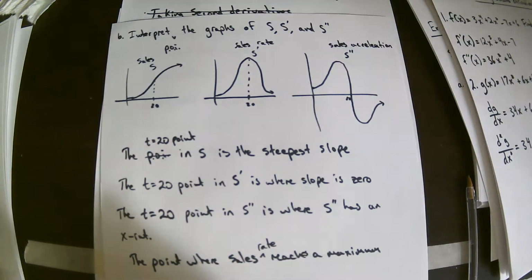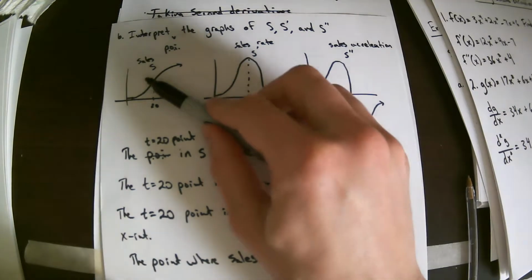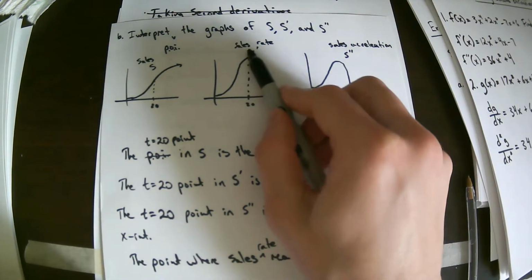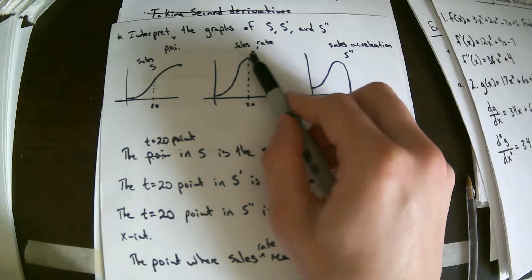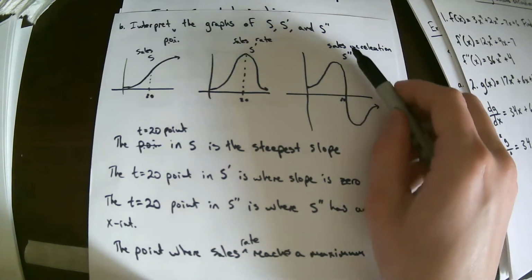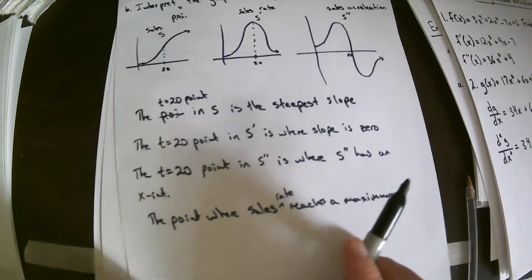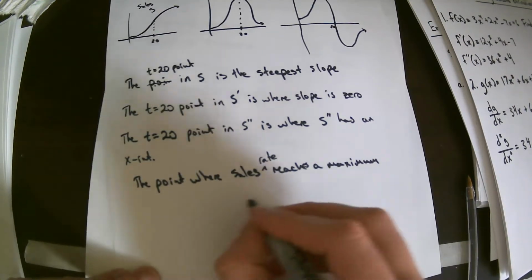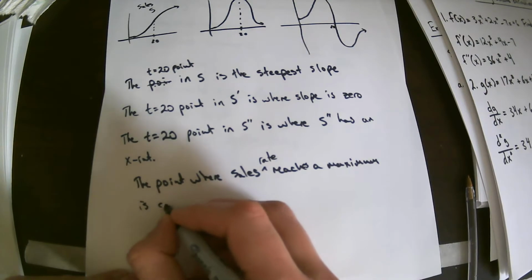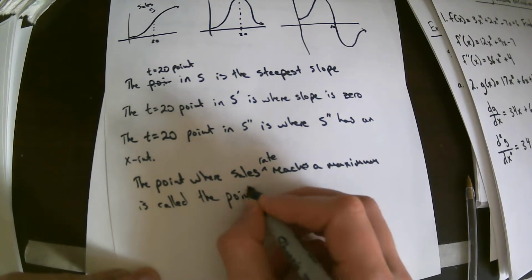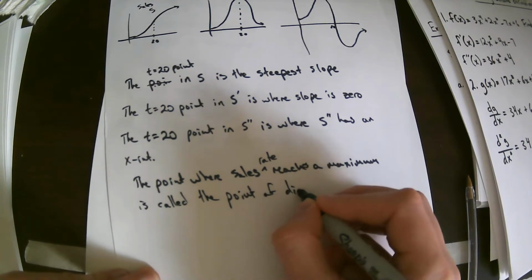So the highest sales rate is where the slope is a maximum, or where S prime, its actual value, is a maximum, or where the acceleration, the second derivative, is 0. The point where this happens, where sales rate reaches a maximum, is called the point of diminishing returns.